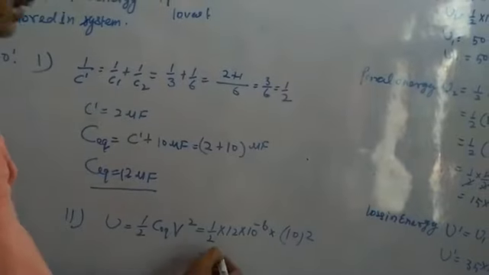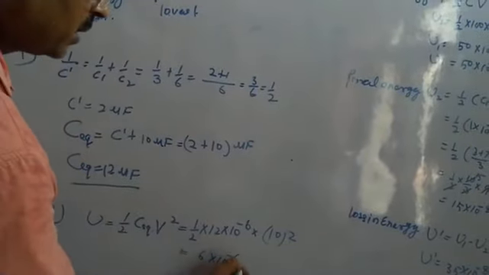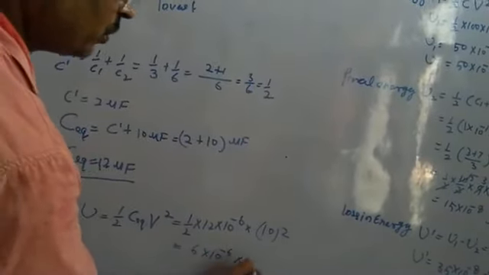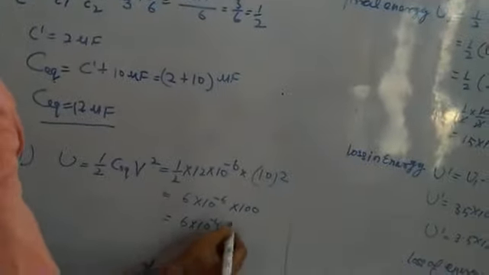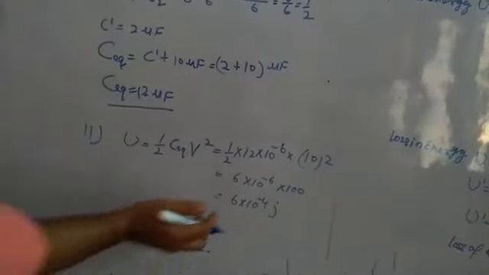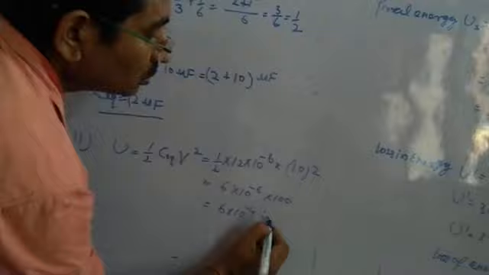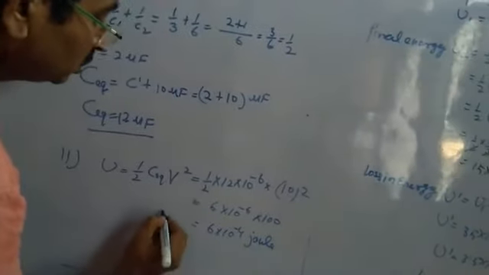This is 6 into 10 power minus 6 into 100, 6 into 10 power minus 4 joule, this is the answer. This is U equal to this much energy.